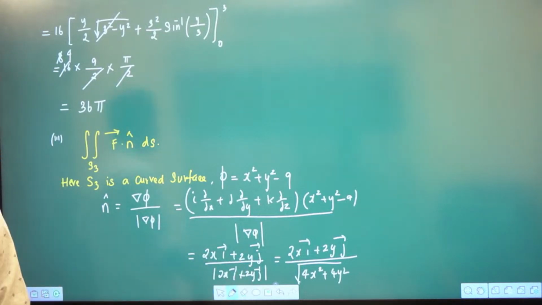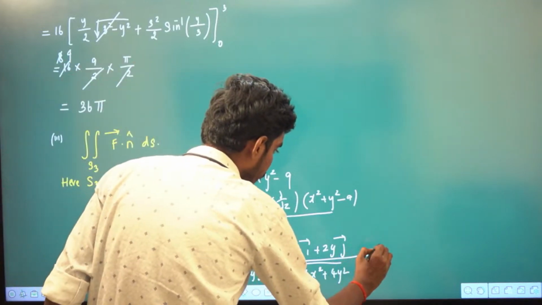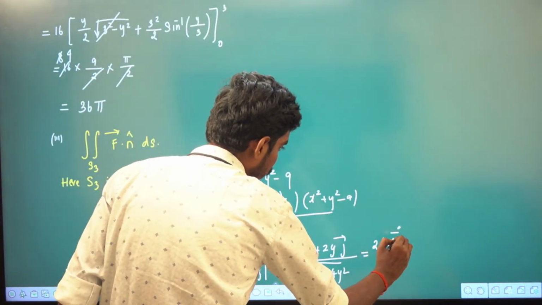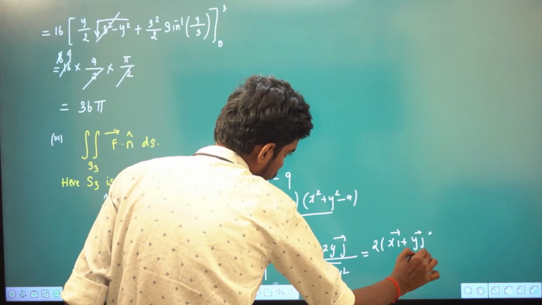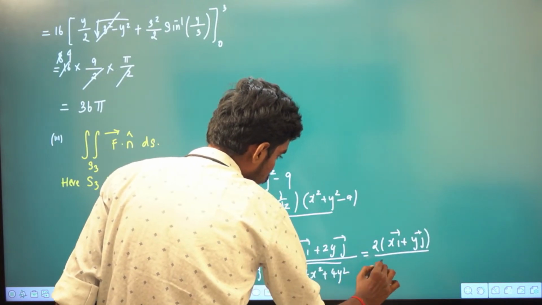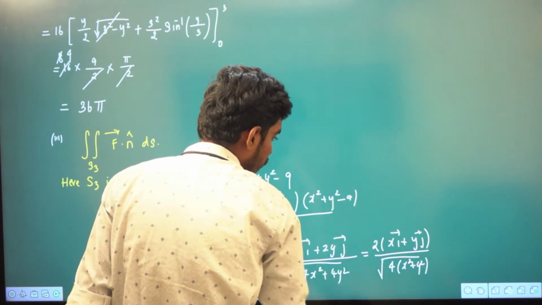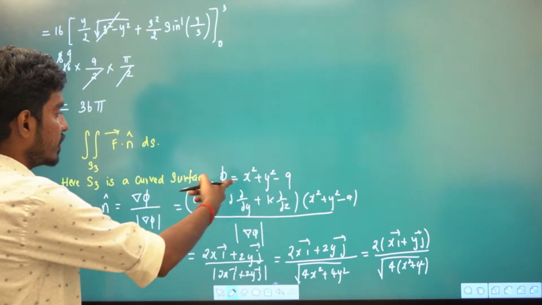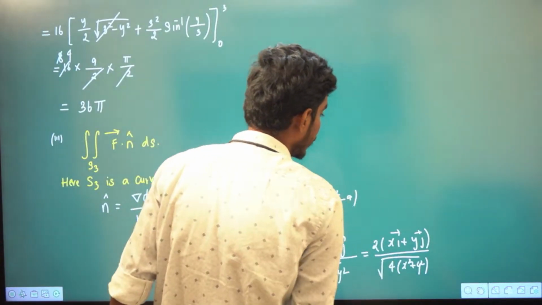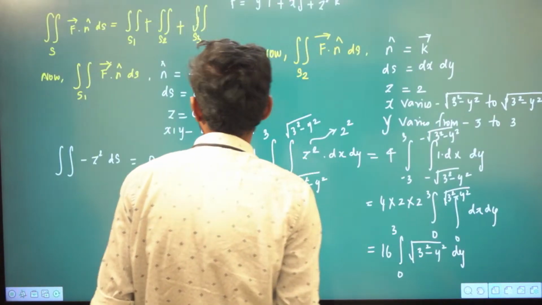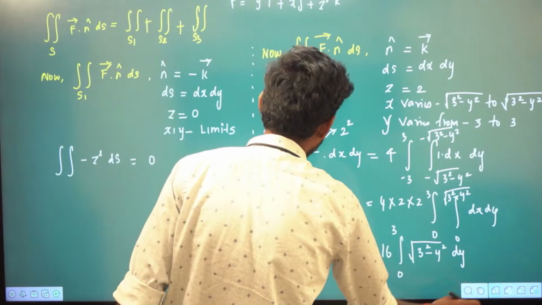The modulus of xi plus yj is root of x square plus y square. If I take 4 common, we will have x square plus y square, and we know x square plus y square is 9, because that is a circle of radius 3.